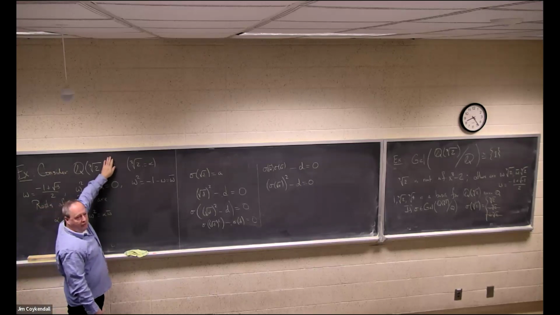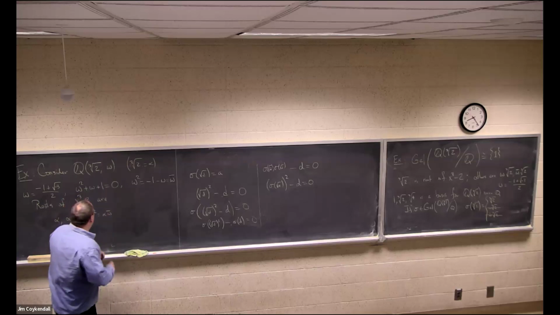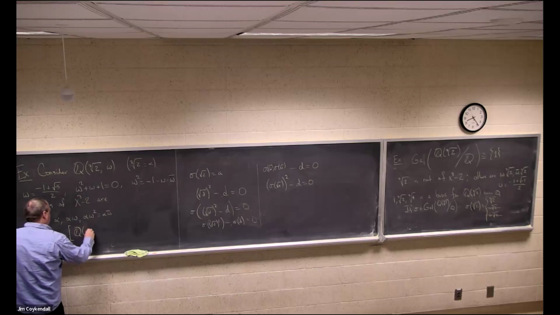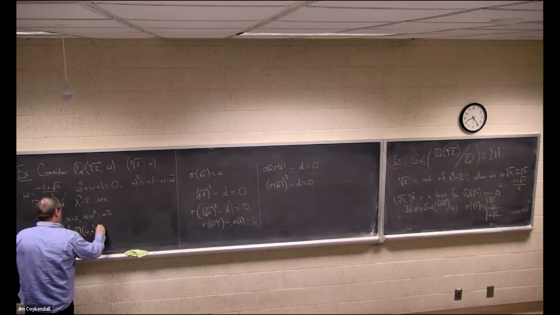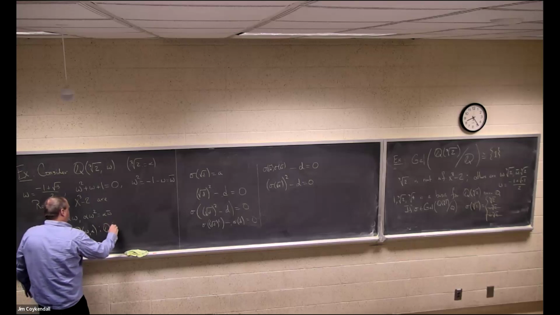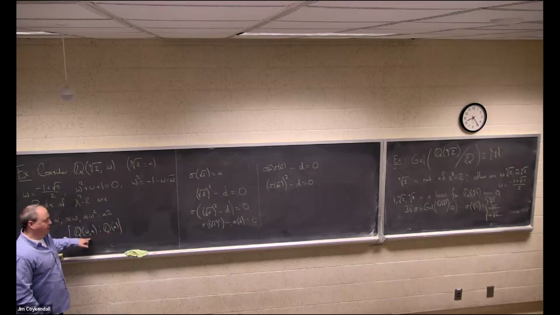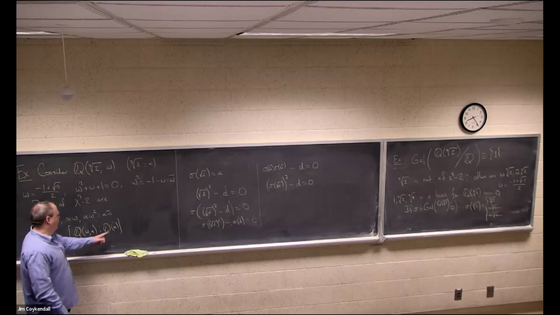Everybody agree that if I go this far... In fact, I think I'll do it. What's the degree of this extension? It has to be 2 because Q(alpha) is real and omega is not real, right?